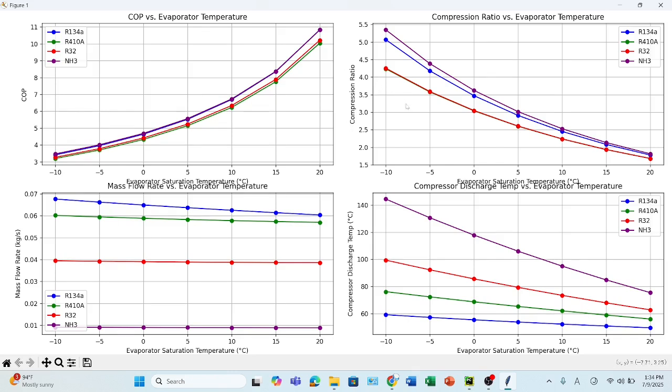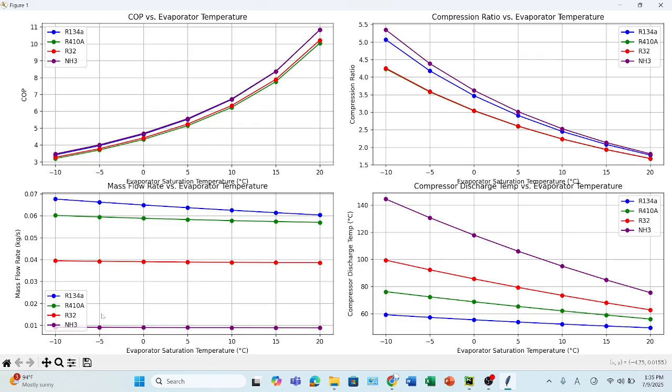As the temperature increases, the temperature lift is decreasing, and so is the compression ratio. R32 and R410A have similar compression ratio profiles, whereas ammonia has the highest compression ratio.